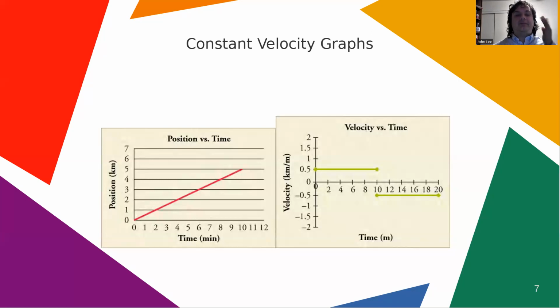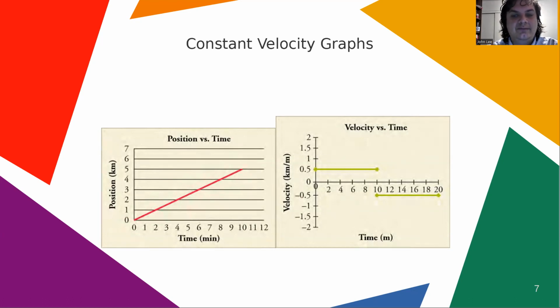And then if we look at the velocity versus time, this actually shows two velocities. The first one that we're going to look at is from 0 to 10 minutes, which is going to be 1/2 kilometers per minute, the same as this graph right here. And then after that, it's going to be a constant negative 1/2 kilometer per minute, which would correspond to a different graph.